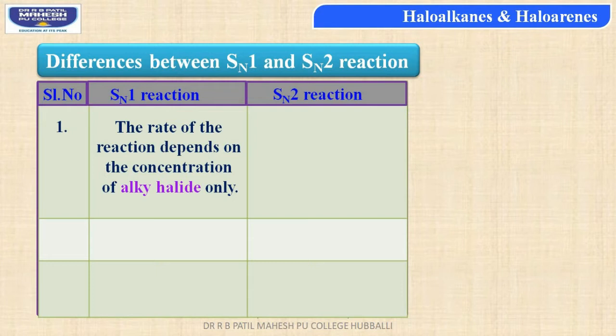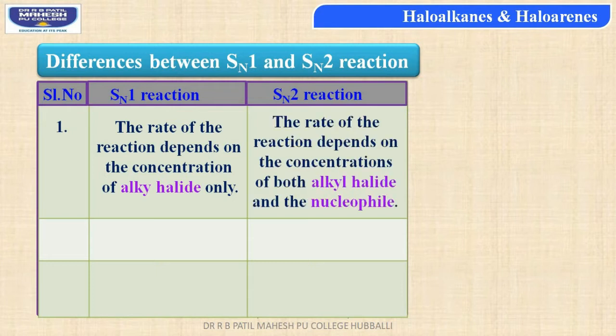Whereas in SN2 reaction, the rate of the reaction depends on the concentration of both, that is alkyl halide, including the nucleophile that we are adding in the reaction. Thus students, SN1 reaction is unimolecular in nature, whereas SN2 reaction is a bimolecular reaction.